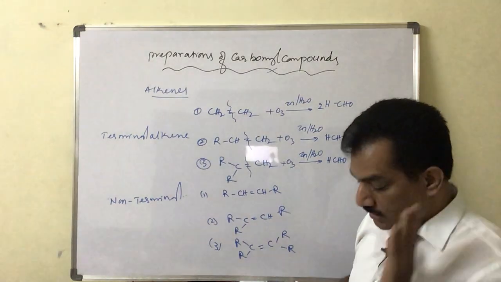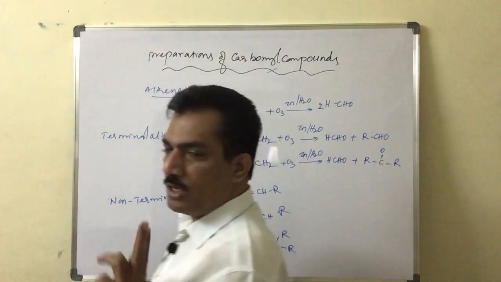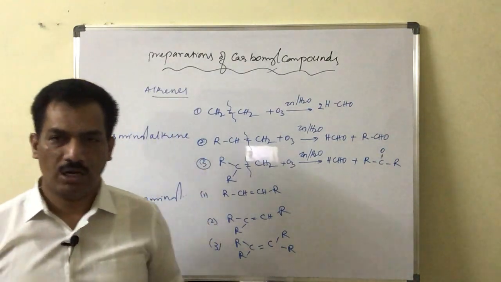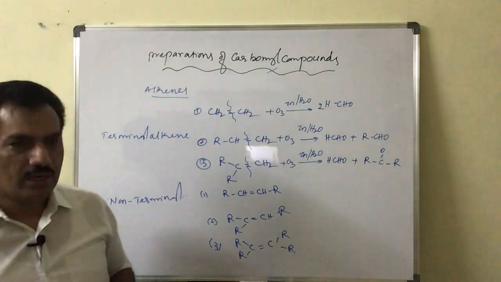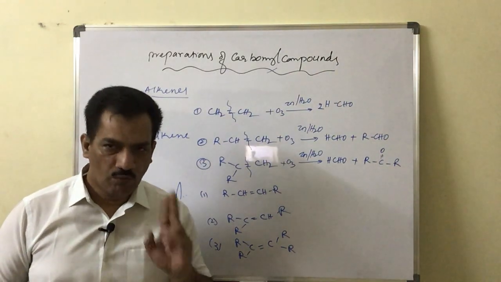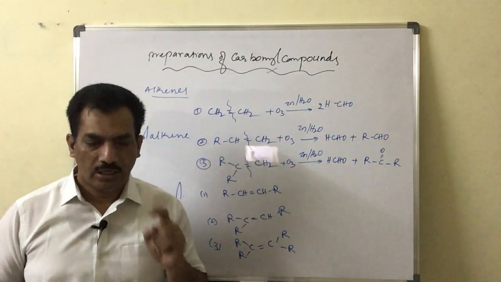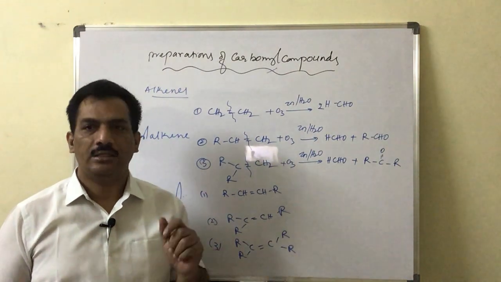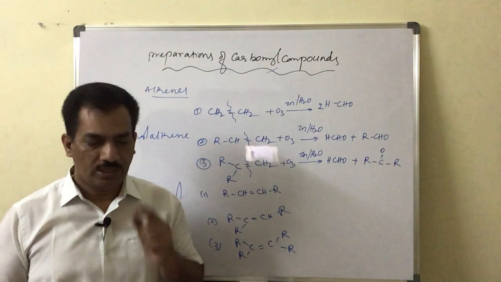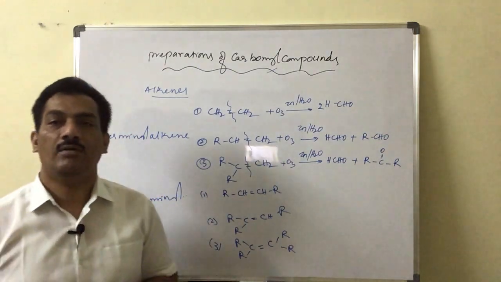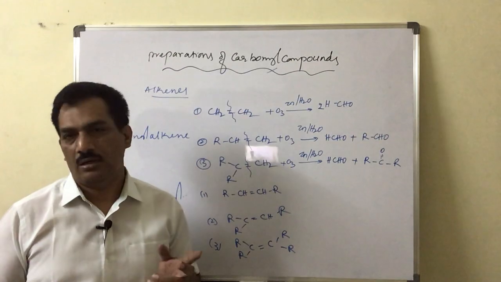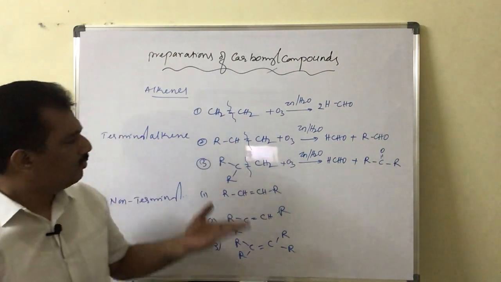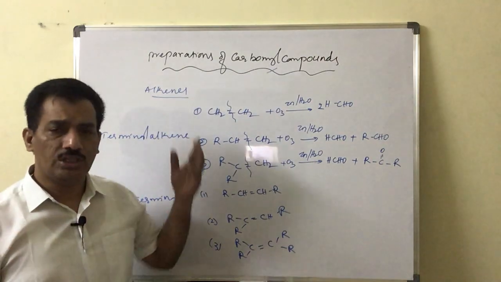So when the double bonded carbon has 2 hydrogens, reductive ozonolysis leads to formaldehyde. When it has only 1 hydrogen, it leads to an aldehyde other than formaldehyde. If it has no hydrogen, then the product is a ketone. Simply, only these 3 scenarios you can observe in any alkene.